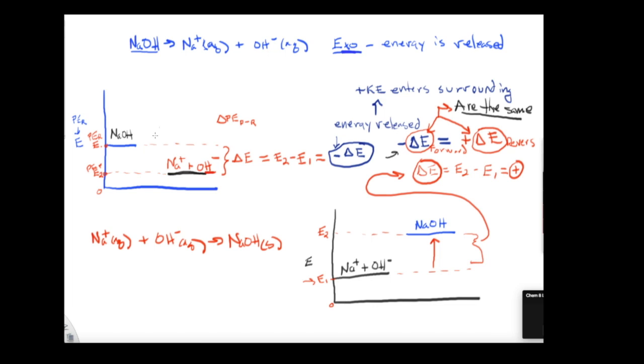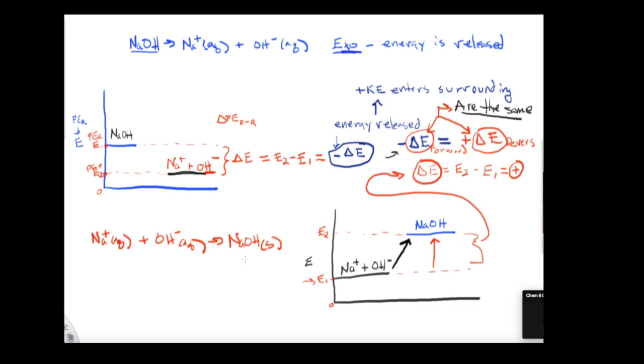So in the forward reaction, the energy is coming out and it is entering the surroundings as kinetic energy. So the glass of water would heat up in your hand. With the reverse reaction, if it was to happen on its own and you were holding a glass of water, you're going to feel it cool down because the surroundings is going to have to provide the energy to drive this up.